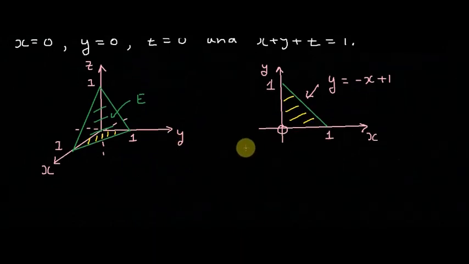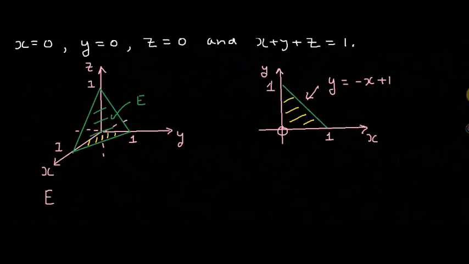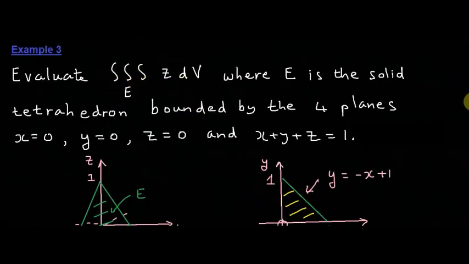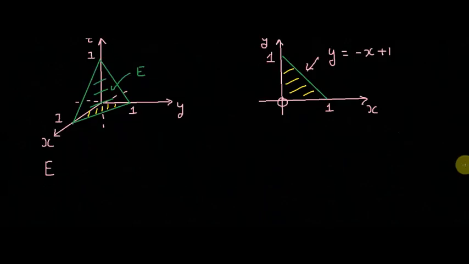Once we've drawn the 2 diagrams, we're going to proceed by always writing the solid region E, over which this triple integral is defined, in terms of rectangular coordinates. So it's going to be this set, always of x, y, z, such that, now going to the coordinate plane onto which we're making our projection, in terms of a double integral, we can define this either as a type 1 region or a type 2 region.